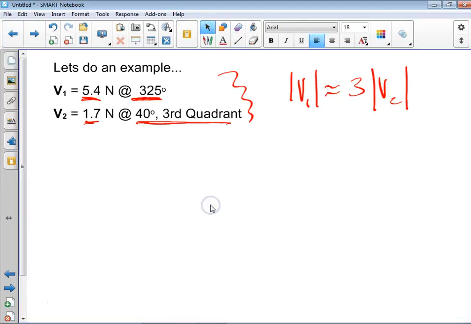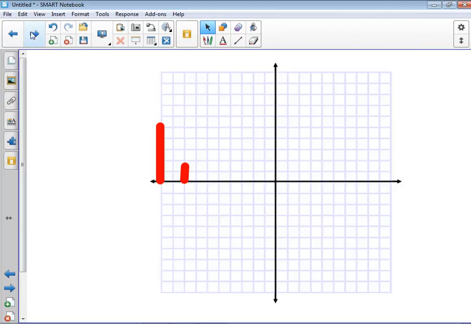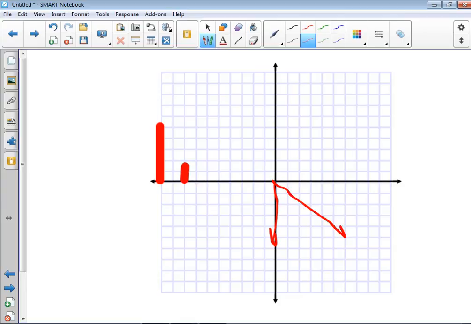Yes, 325 degrees. So 325 degrees is going to be somewhere, let's see, this is 270, and halfway between 270 and 360, which would be all the way around, that's going to be 315, so about another 10 degrees past that. So I'm thinking that our angle is going to be somewhere in that vicinity.